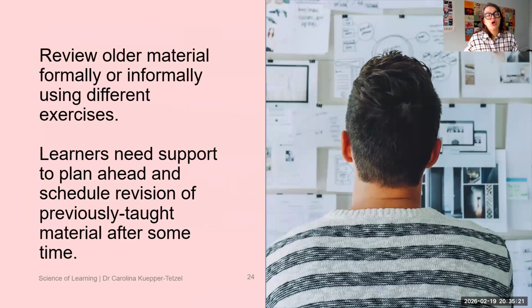It is about reviewing older material formally or informally, using different exercises. Learners need support to do this. So it's not something that's easy to do, to come up with a schedule and then to stick with the schedule. Learners, or humans actually in general, tend to cram.